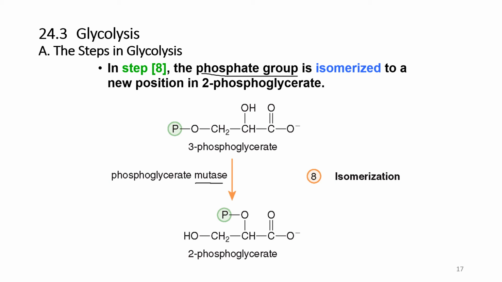I think in general they call it an isomerization, but I like to think of it as an enzyme that catalyzes the migration of some substituent group to a different place in the molecule. And that's what happens here. We convert 3-phosphoglycerate to 2-phosphoglycerate.